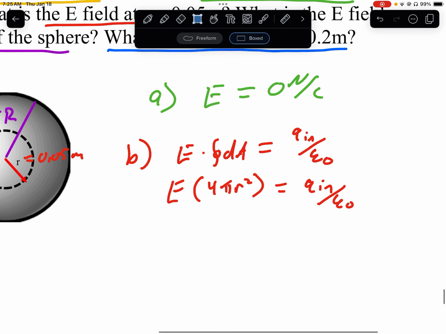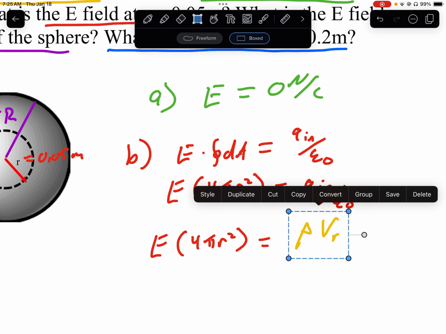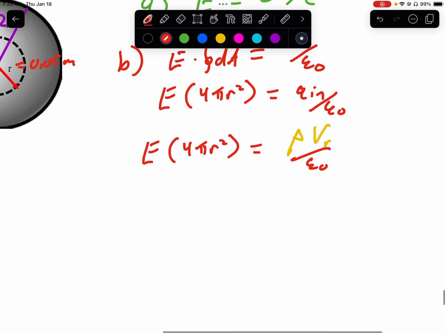All right, so moving down here. This is all just repeat. Where that little q in goes, that's where rho over V goes, and that's little r over epsilon naught. So from here, E is equal to 4 pi r squared. Rho is just that charge density that's given above.